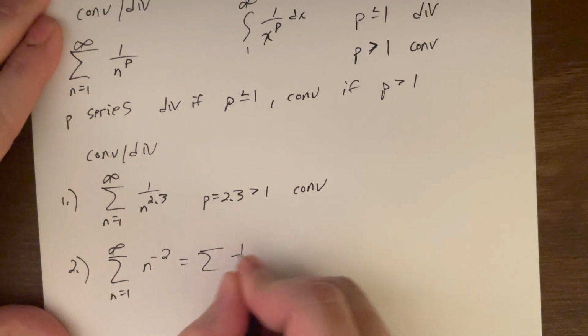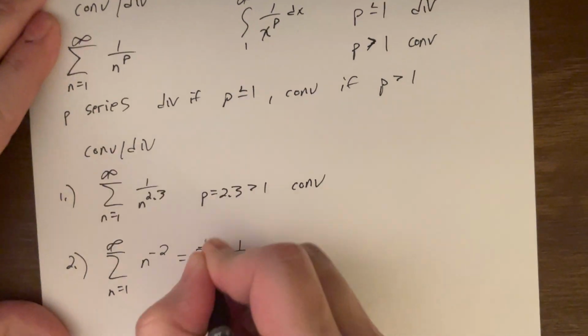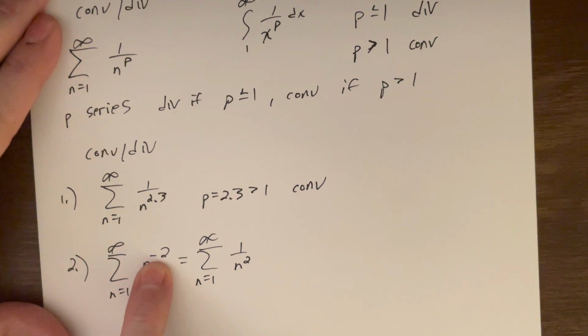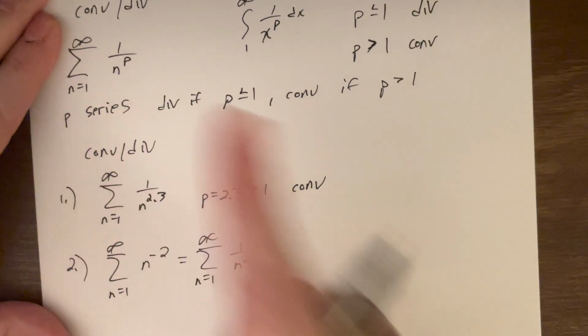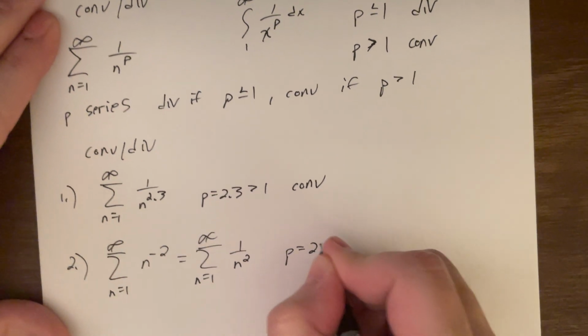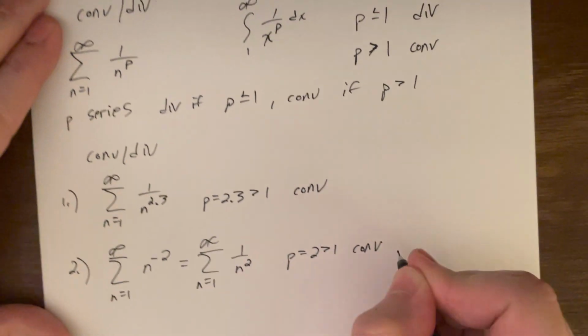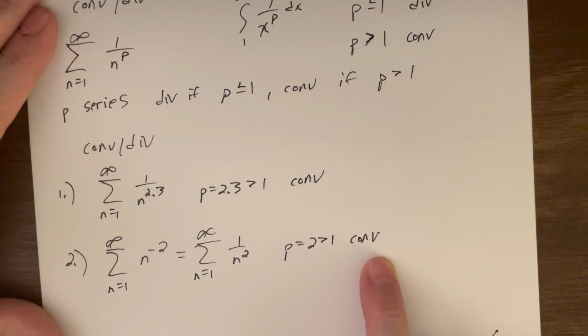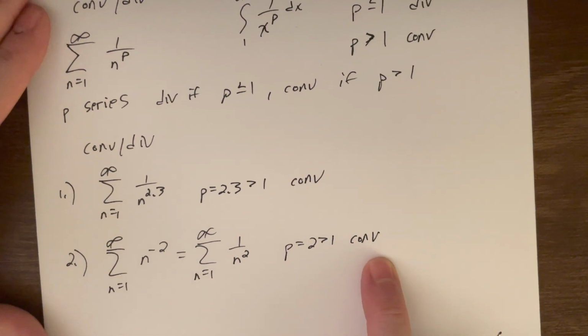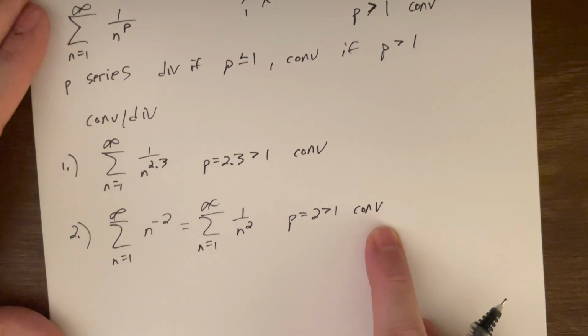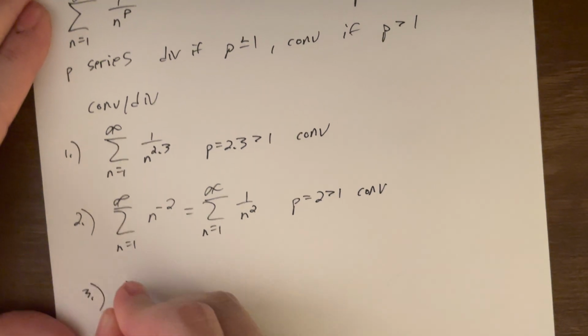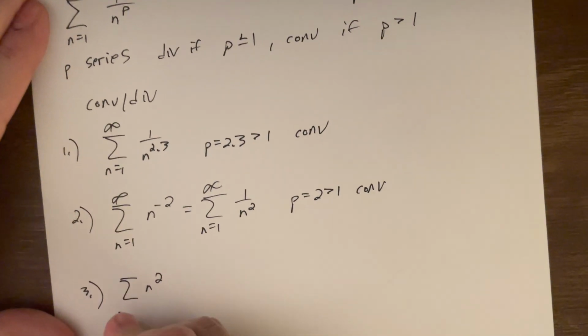All we need to do in this problem is just realize, hey, if I take that negative exponent and stick it in the denominator, now I have a proper p-series, and now p equals 2, which is greater than 1, and once again, this converges. Okay? Number 3, let's just quickly do a similar one.